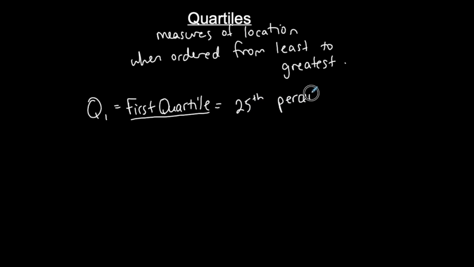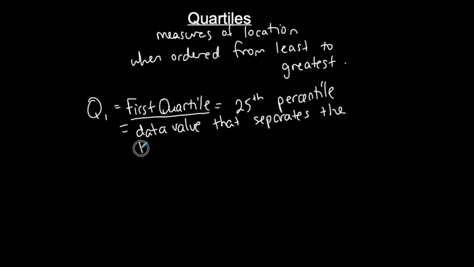This is a data value that separates the bottom 25% of the data set from the top 75%. So, this is the data value located 25% into the data set.